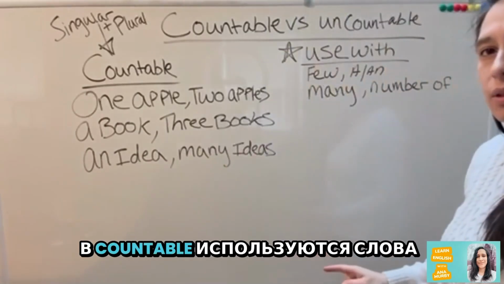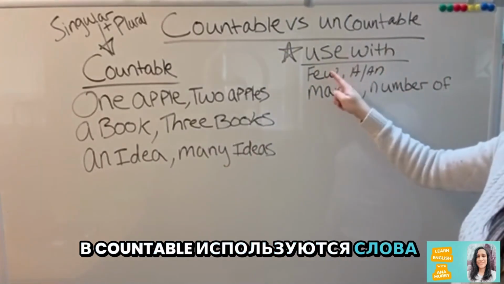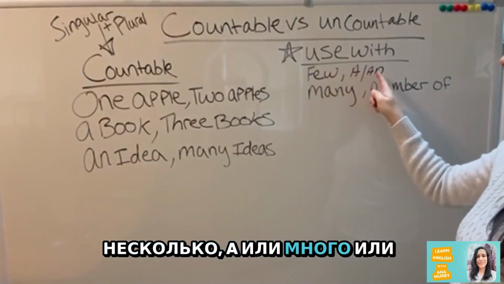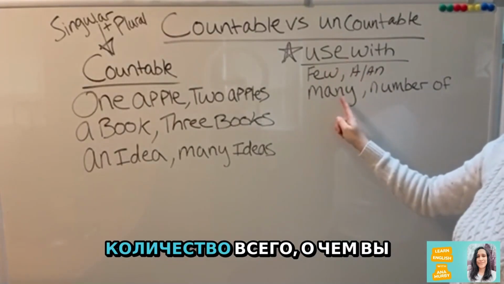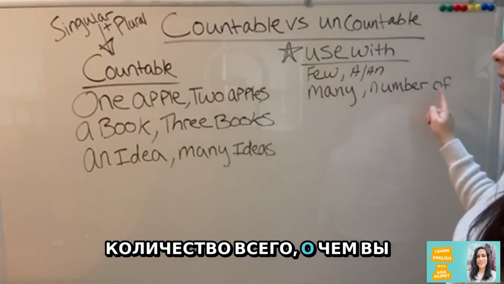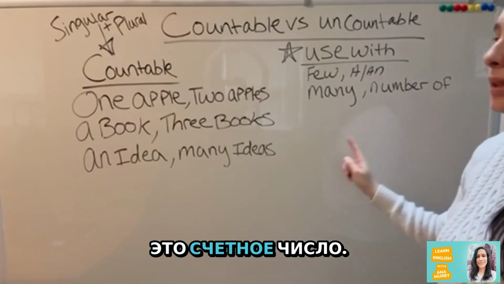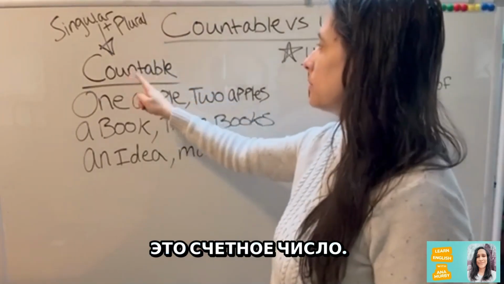Countable uses a or an, many, or the number of whatever you're talking about. This is countable.